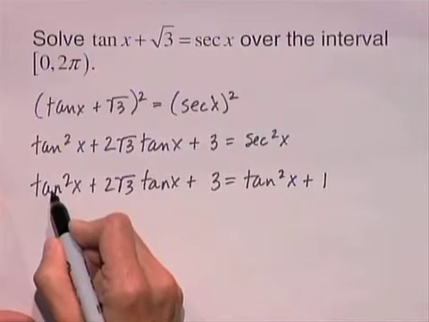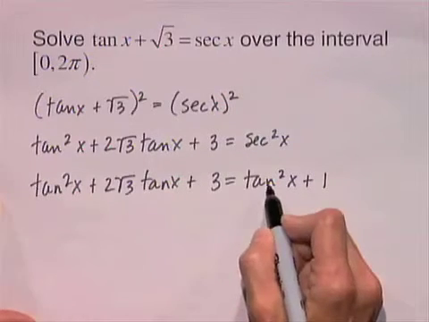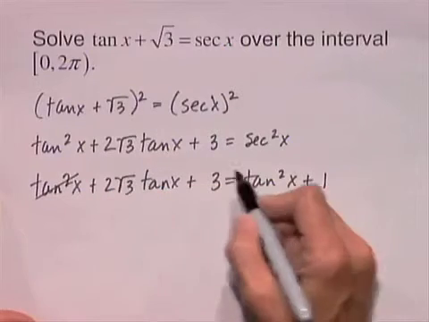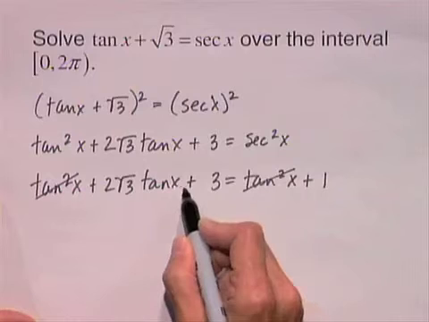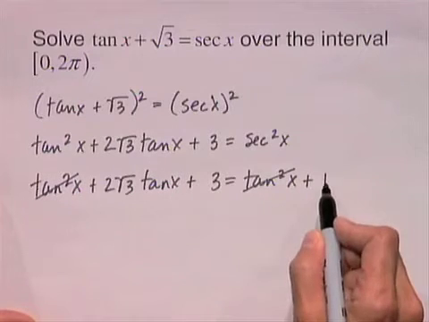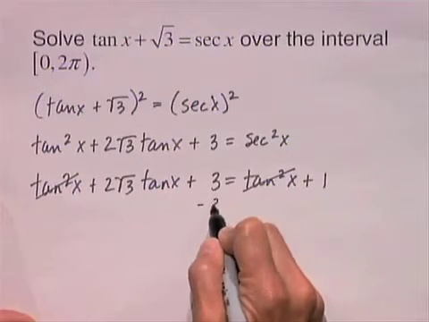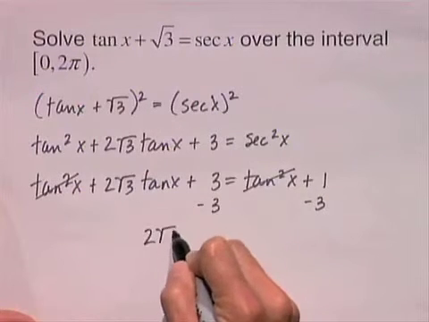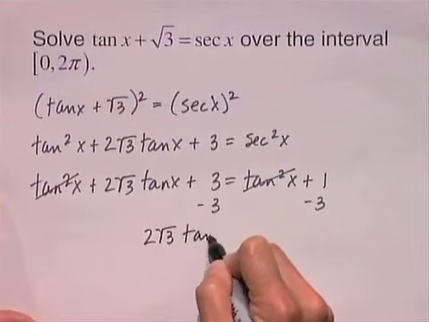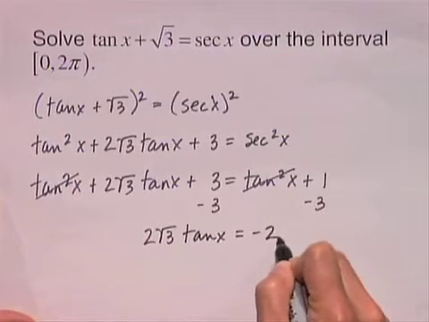At this point, I see that I could subtract tangent squared from each side of the equation, and I would be left with 2 square roots of 3 tan x plus 3 equals 1. At that point, I'm going to subtract 3 from each side. I'll have then 2 square roots of 3 tan x equals negative 2.